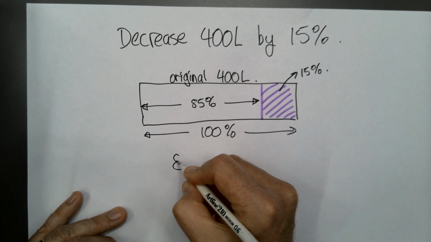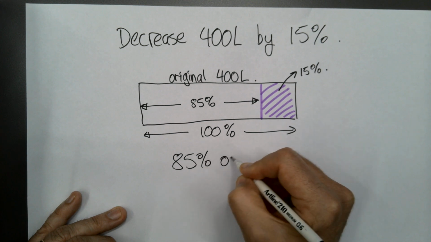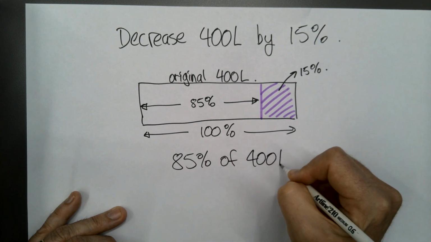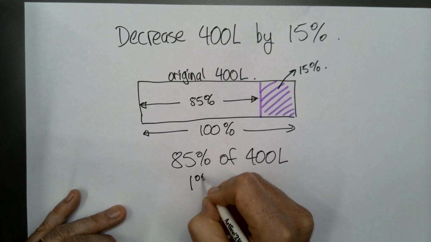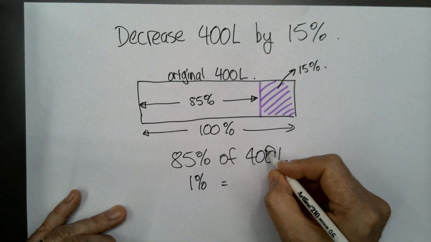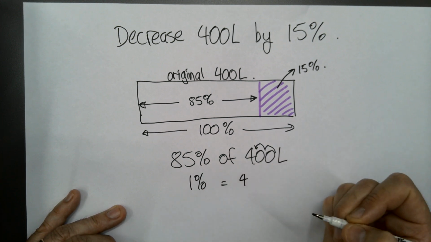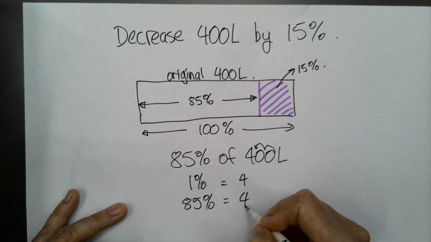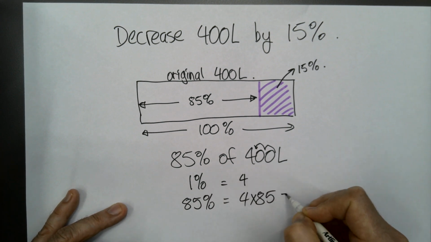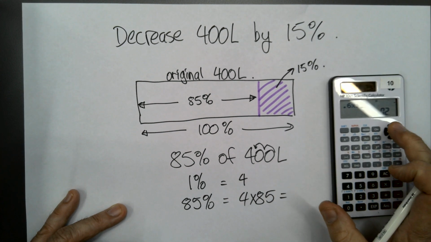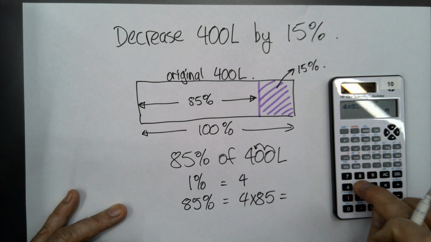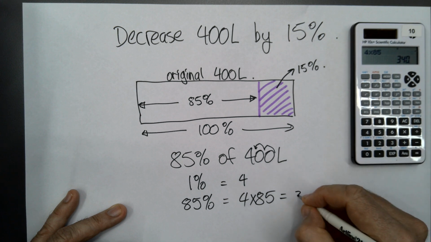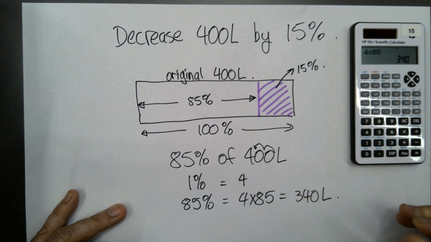All right, so 85% of 400 litres, all right, 1%, bounce the decimal place twice, that's 4. So 85% is 85 of those. 4 by 85, 340 litres.